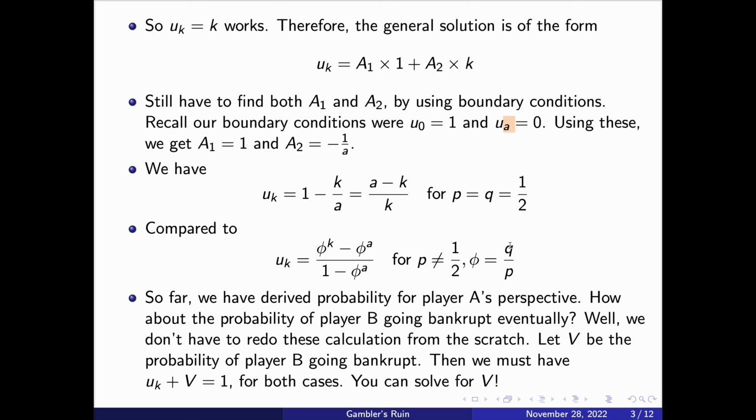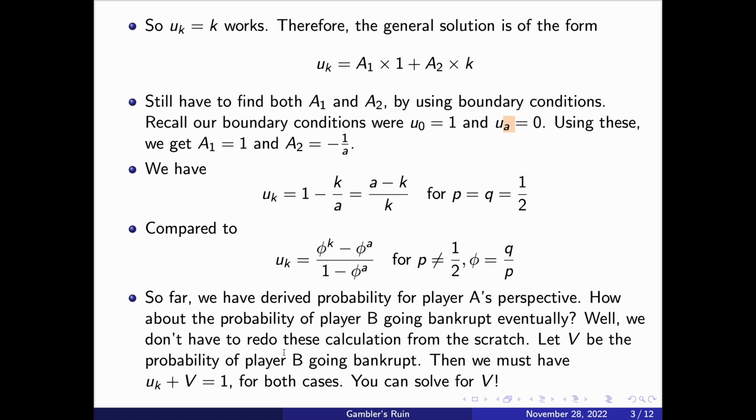So far we have only dealt with the probability from player A's perspective. It is a legitimate question to ask, how about from player B's perspective? You can either start this from scratch for player B's perspective and you will get the same answer, but we can be slightly more clever and notice that, let V be the probability of player B going bankrupt.